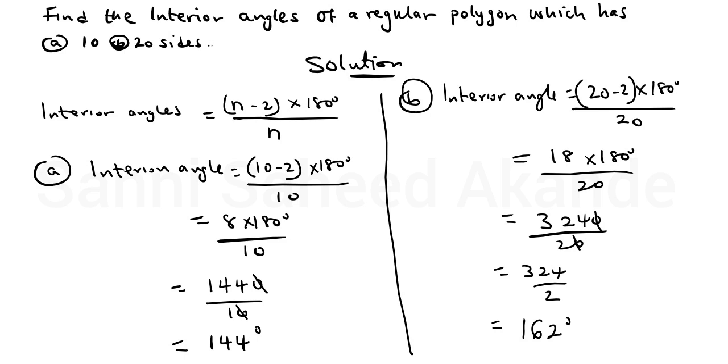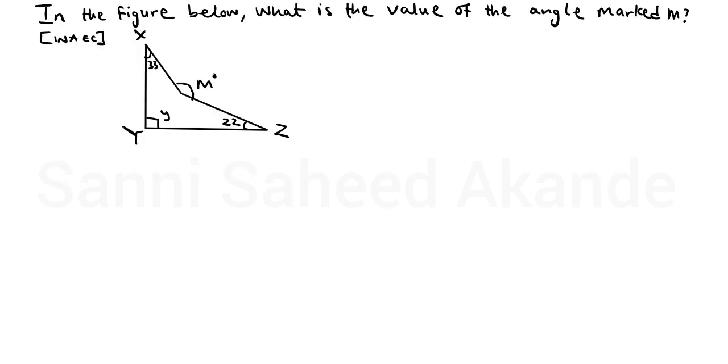So this question says, in the figure below, what is the value of the angle marked M? So we want to find the value of M in this figure you are seeing. Okay, so in this question we have been given that X, the angle X, is equal to 33 degrees.